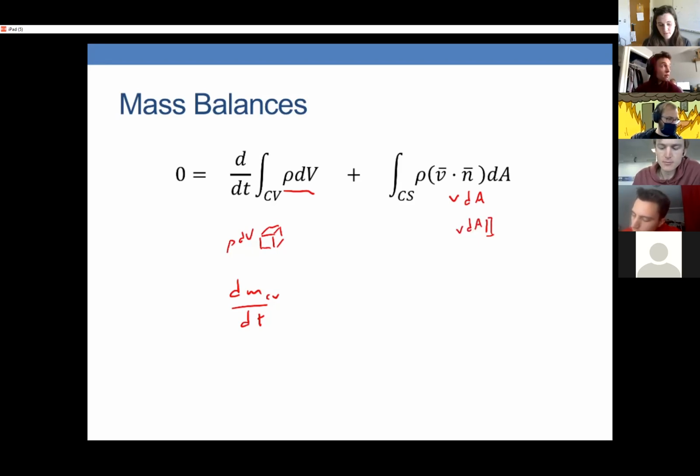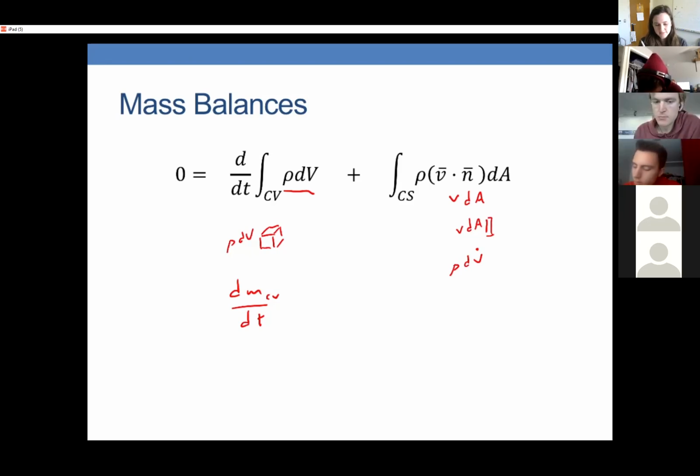Volumetric flow rate. And then a density times a volumetric flow rate, what does that give us? Mass flow rate. So this just turns into mass flow rate.